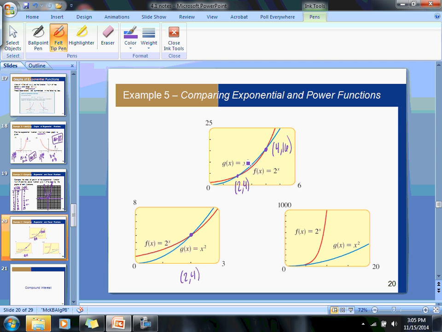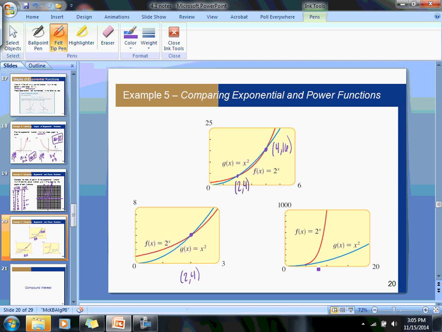But if you look between them, okay, the blue function is our parabolic function. So you can see that it starts off low, and then it gets a little bit ahead of the exponential function, but then it tapers off again. So that exponential function starts high, and then it goes a little low, and then all of a sudden it jumps ahead, and it starts to grow really, really fast.